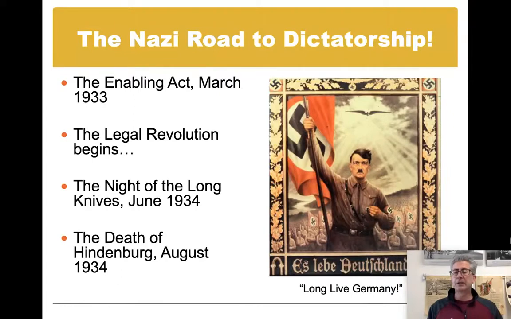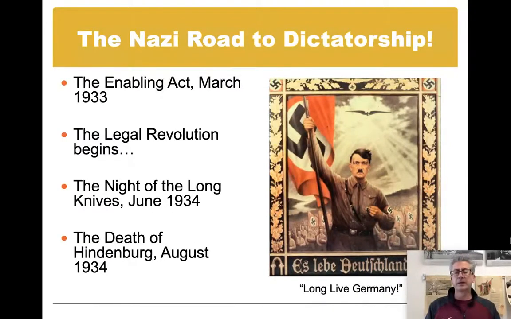And that means he's going to have to get rid of his key rival, which is Ernst Röhm in the SA. And so in the Night of the Long Knives in June of 1934, he gets rid of the SA, simply purges the leadership, which means execution, showcase trials, sending them to prison, or simply folding them into other elements of the Nazi Party.